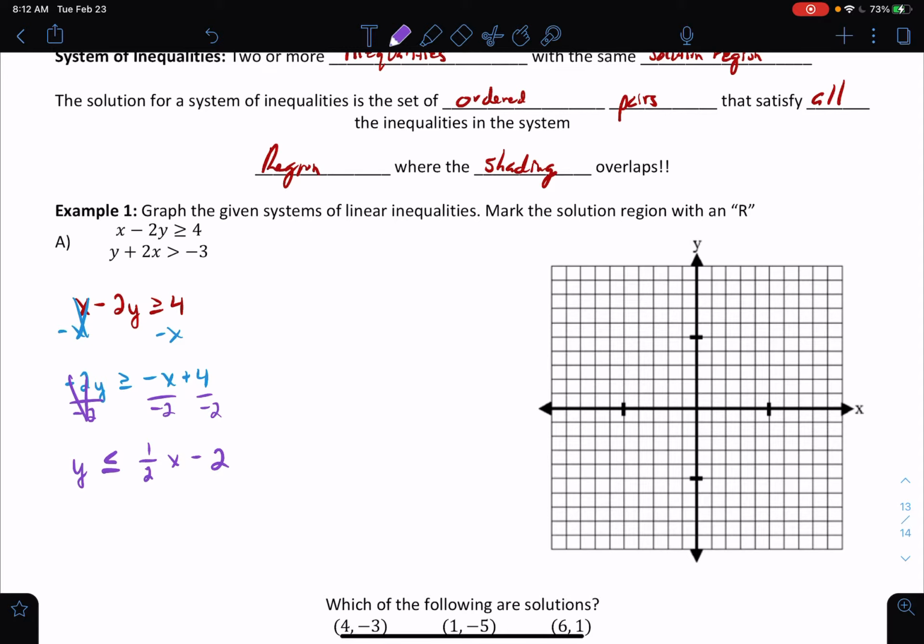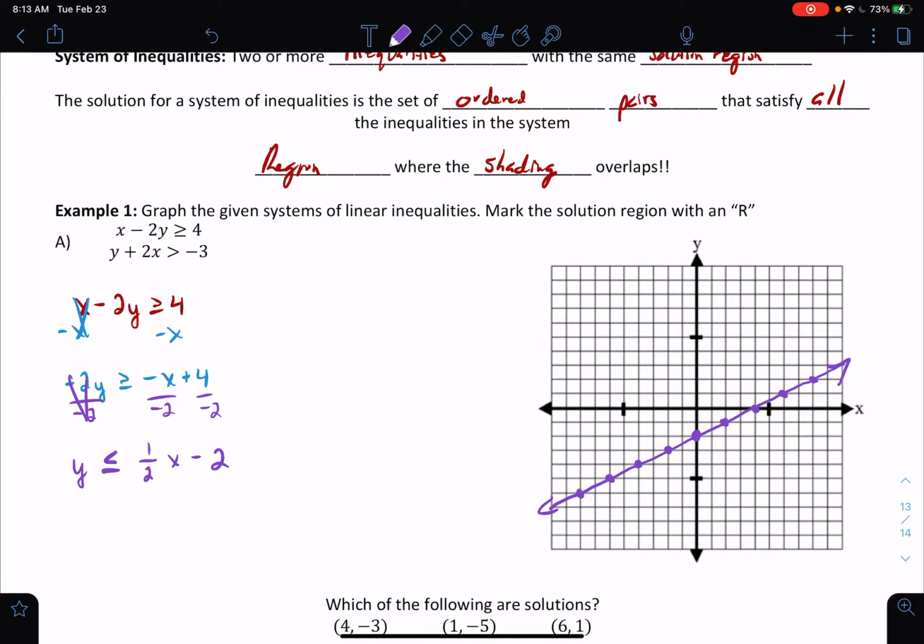So I get y is less than or equal to 1/2 x minus 2. So if I were to graph this, I'm going to start at negative 2. I'm going to go up 1 to the right 2, up 1 to the right 2, so on and so forth, just to get a couple points. And then I can connect the dots. It's less than or equal to, so since I have equality, it's going to be a solid boundary line.